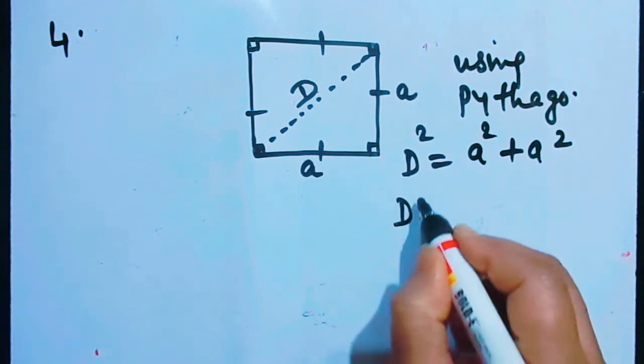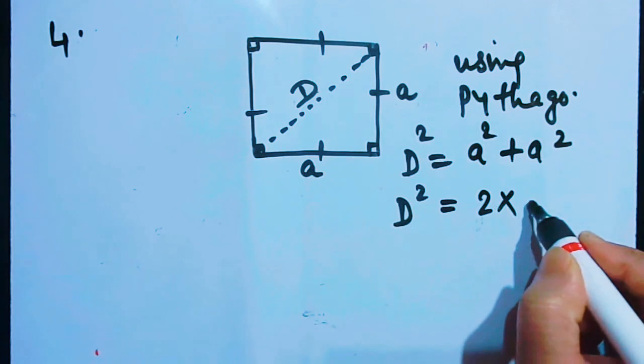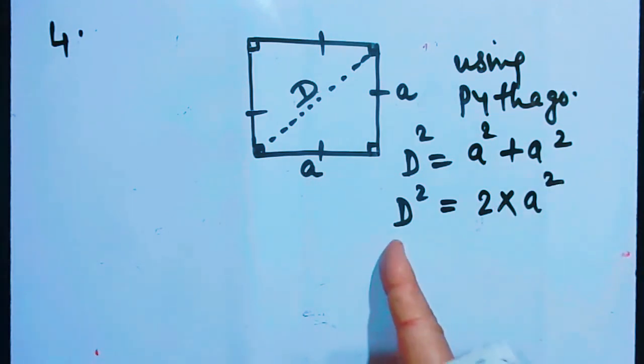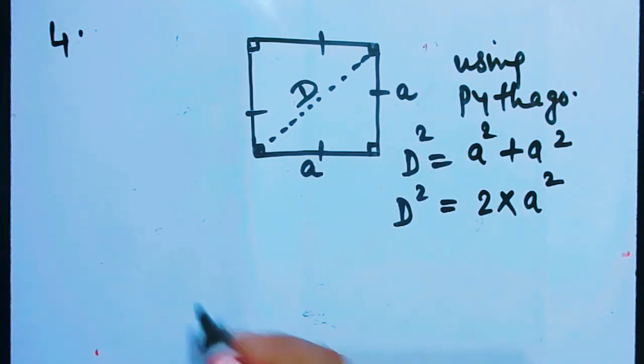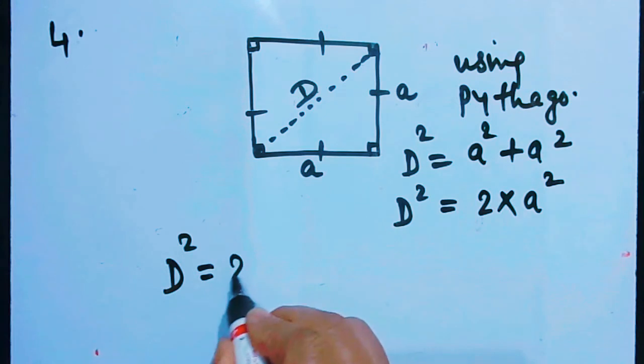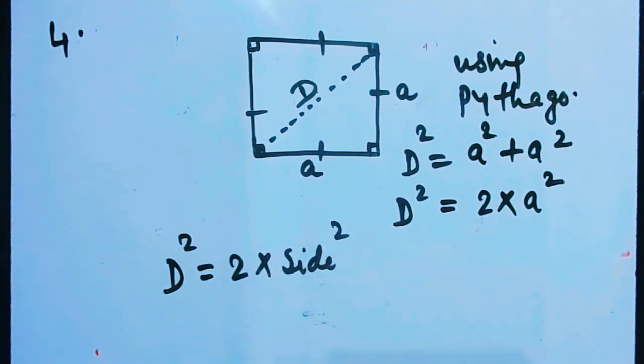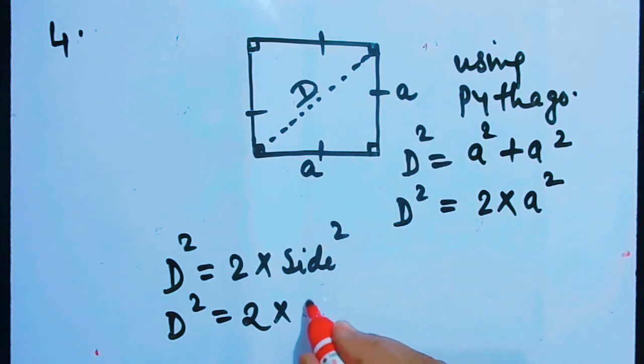So my dear, diagonal square is equal to 2 into A square. Means diagonal square will be equal to 2 times side square, or you can say that diagonal square is equal to 2 times area of the square.